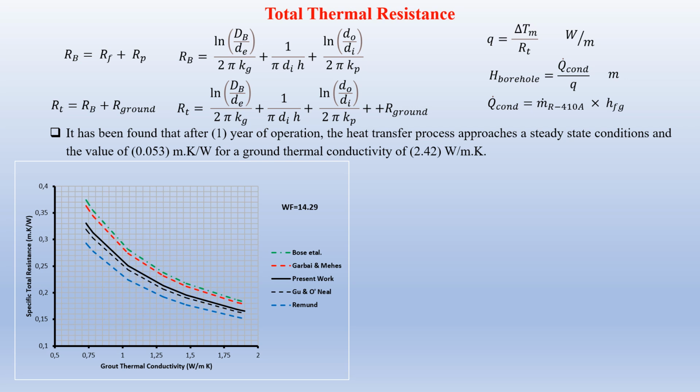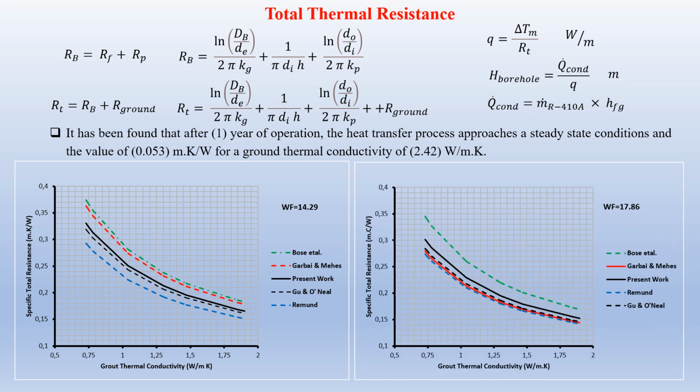grout material. And we have calculated that for the other design or geometry, WF equals 17.86. Again, we have the same trend, and it seems that the difference between the highest and lowest value, of course, these values will limit the depth of the heat exchanger, and in that sense we have to be careful when we select the correlation to predict the depth of the heat exchanger itself.